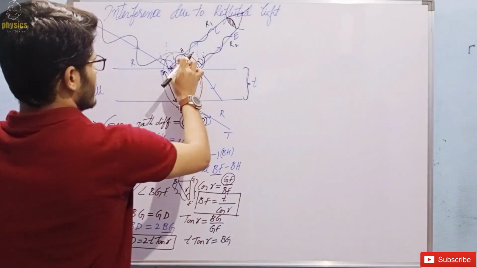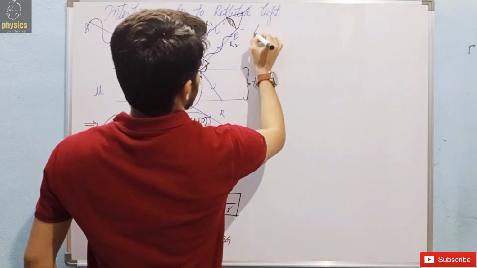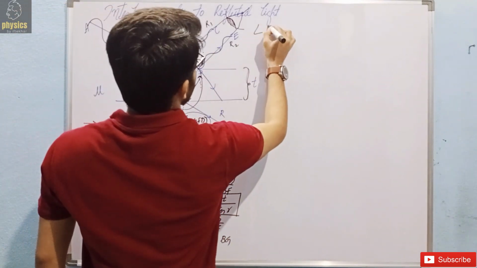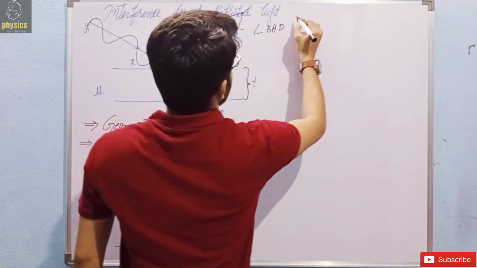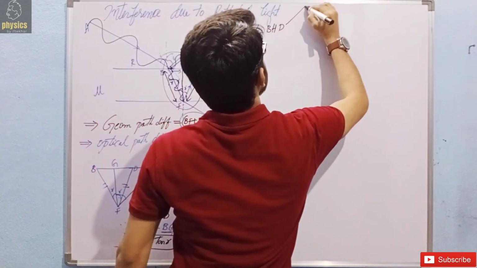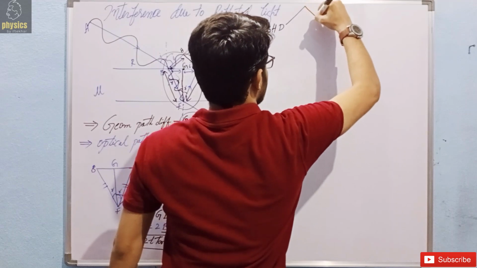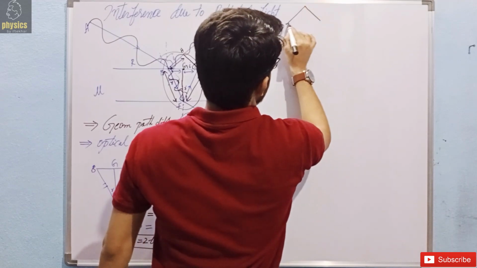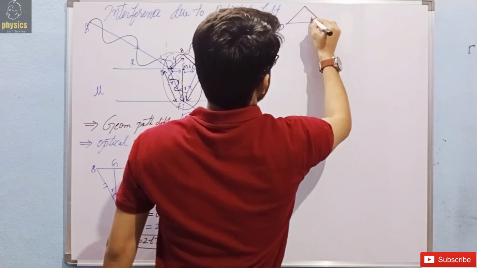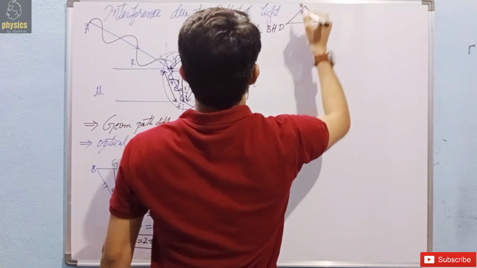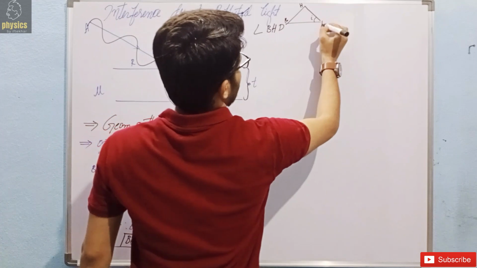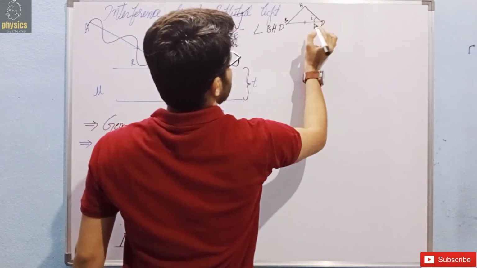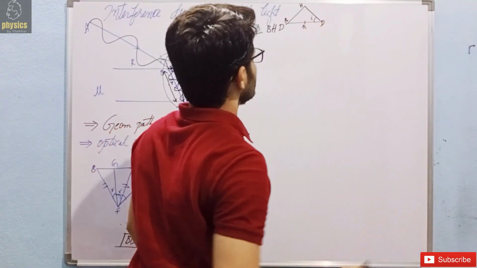Now from triangle BHD, the triangle is something like this: 90, angle is I, this is H, here's my B, here's my D, and here at the center G is there, but I'm not going to use that.